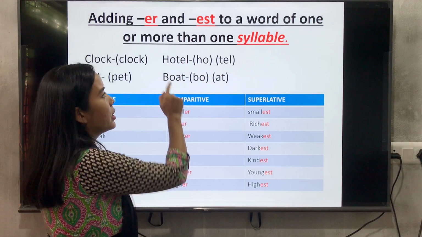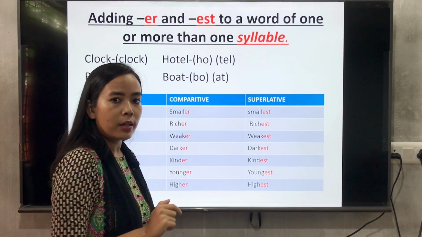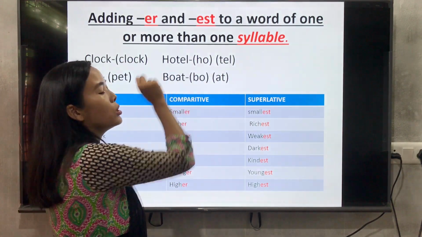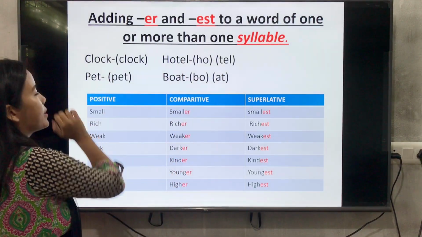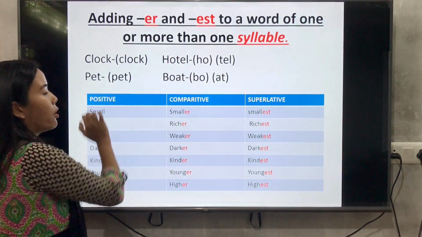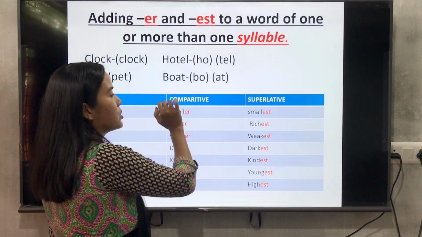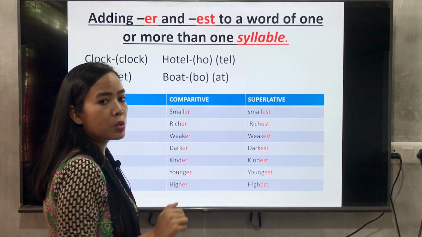Whereas hotel, H-O-T-E-L, O and E are vowels. So there are two vowels, so this will be a two syllable word, ho and tel. Pet, P-E-T, only one vowel is there, so it is a one syllable word. Whereas boat, B-O-A-T, there are two vowels, so it is a two syllable word.